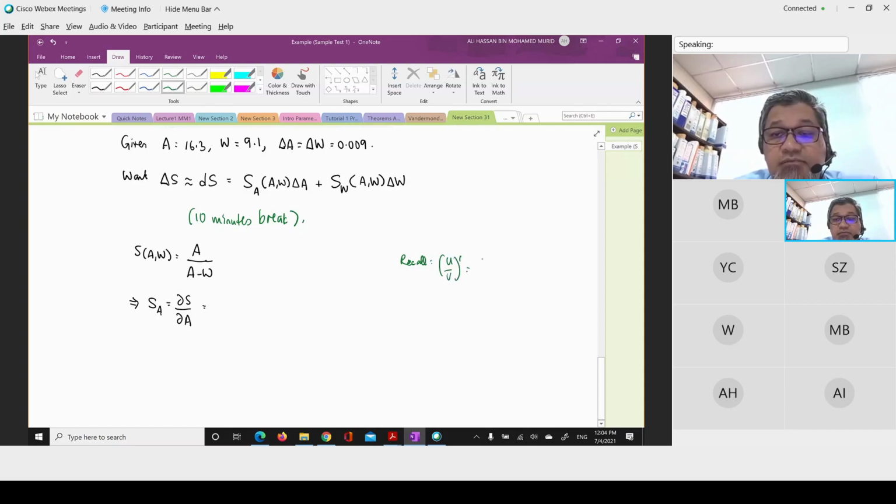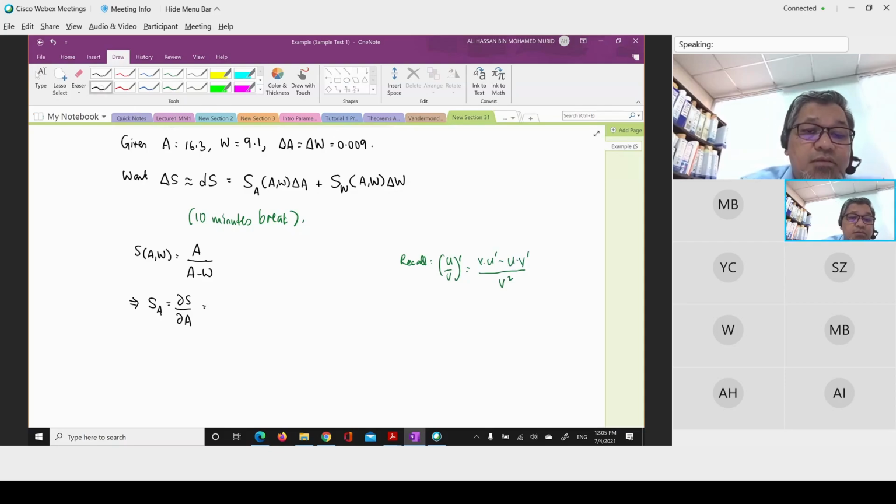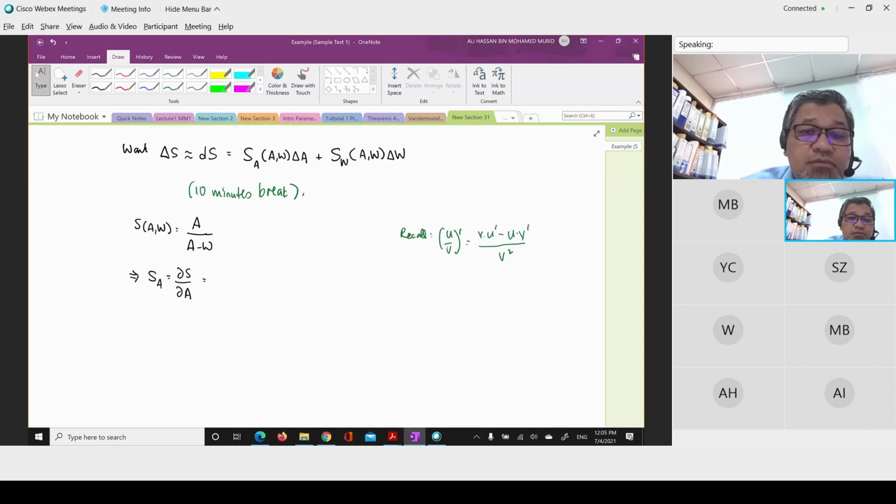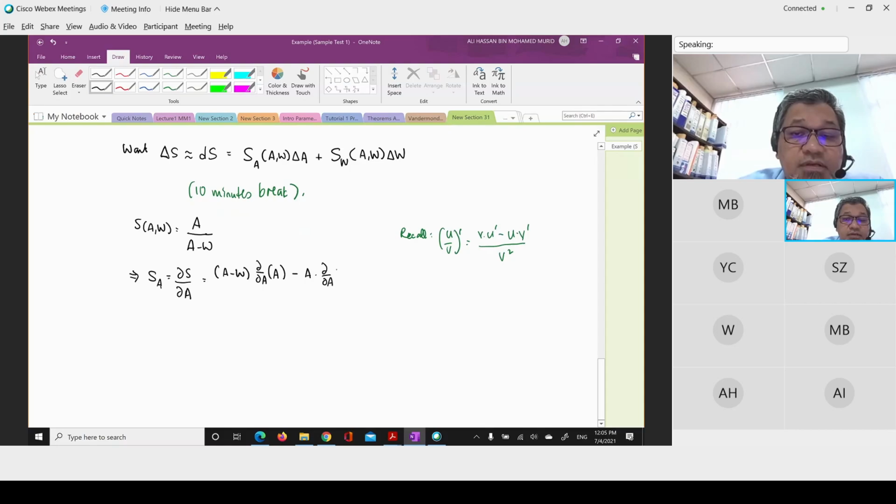The quotient rule is v times u prime minus u times v prime over v squared, right? So that means we want the function downstairs first, times the partial derivative of the function upstairs, minus the function upstairs times the partial derivative with respect to a of the function downstairs, divided by a minus w squared.